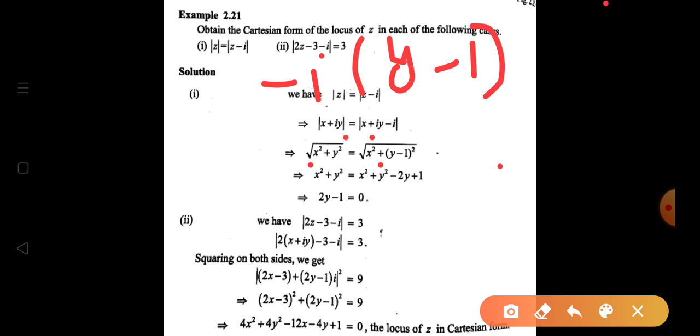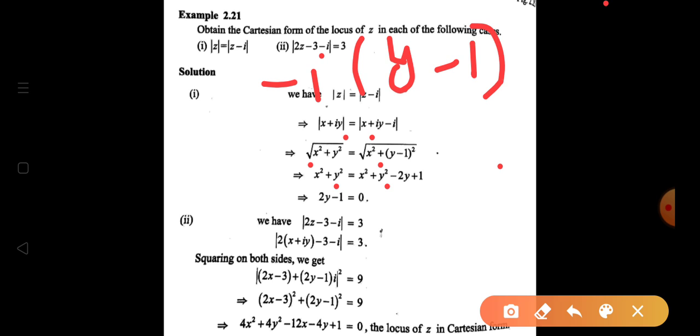Now squaring on both sides, we get x square plus y square equal to x square plus y minus 1 whole square.